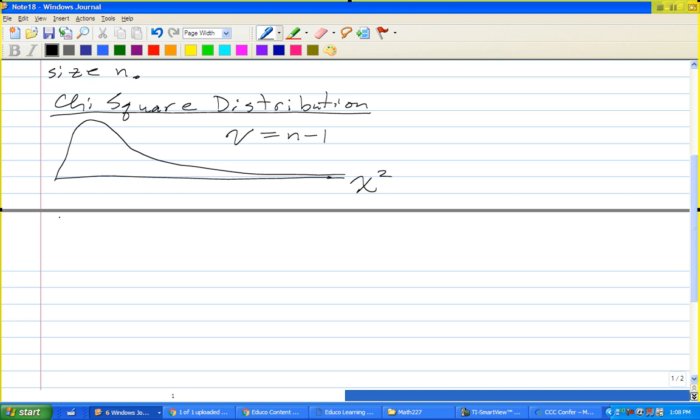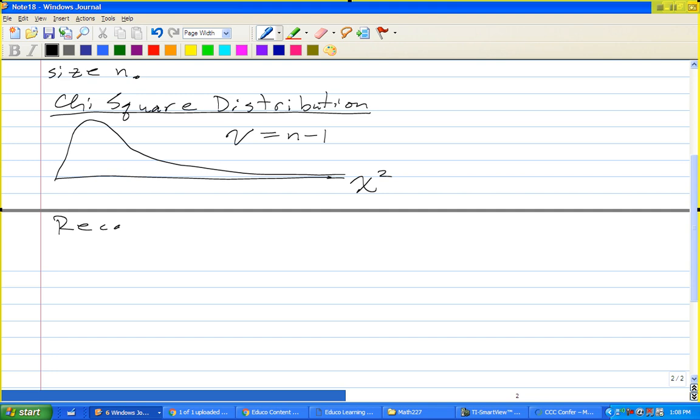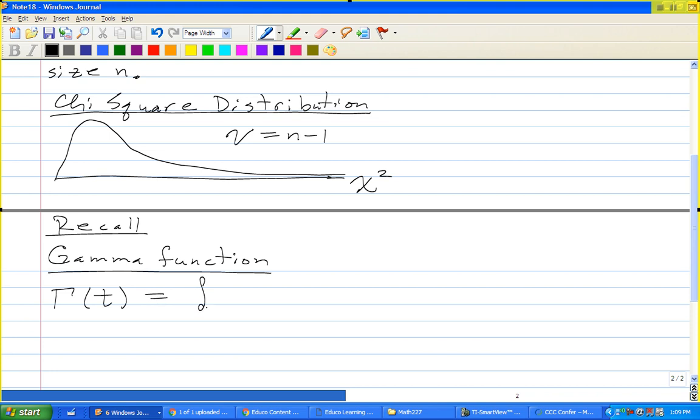Well, let's recall again the gamma function. The gamma function, as always, is just the area under the curve for positive values of x to the t minus 1 e to the minus x.